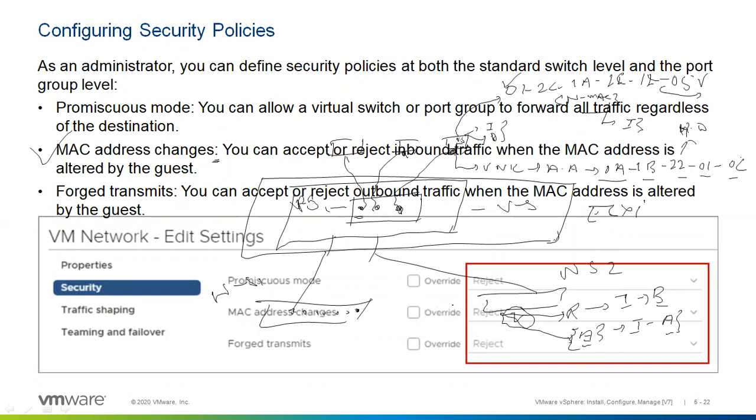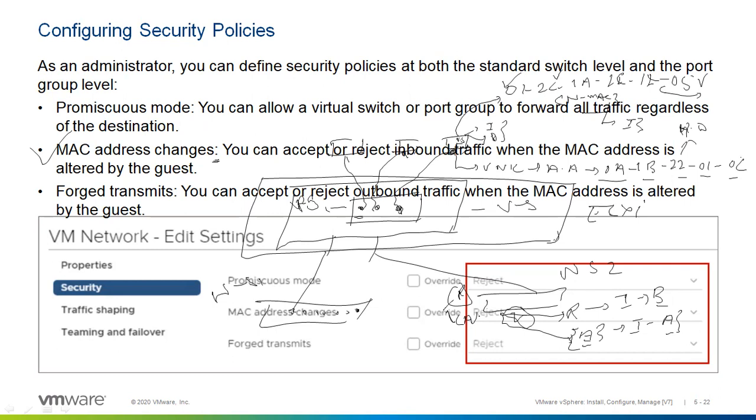So you change the MAC, but if you select reject, you are free to change the MAC, no problem, but incoming traffic will be blocked. But if this is accept, and you change the MAC address from the operating system, then no impact on the incoming traffic. So by default, this setting is reject.